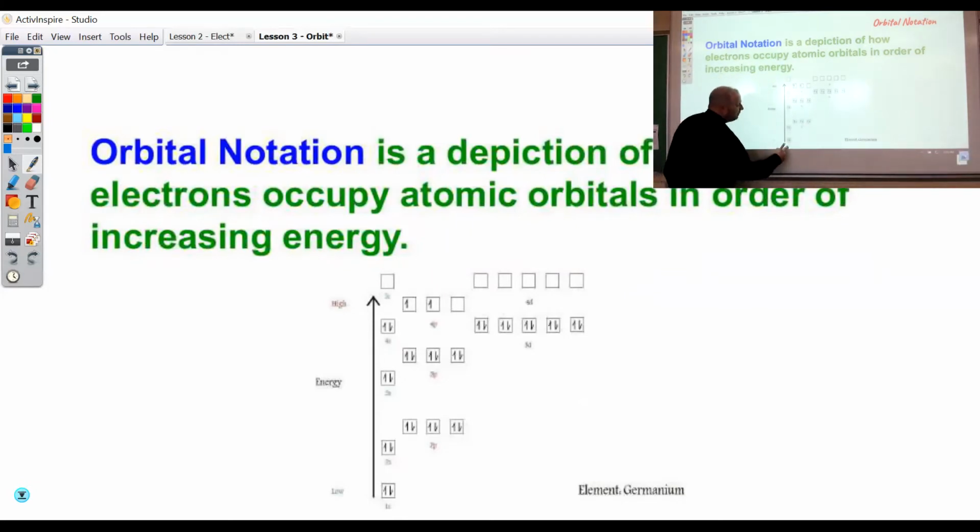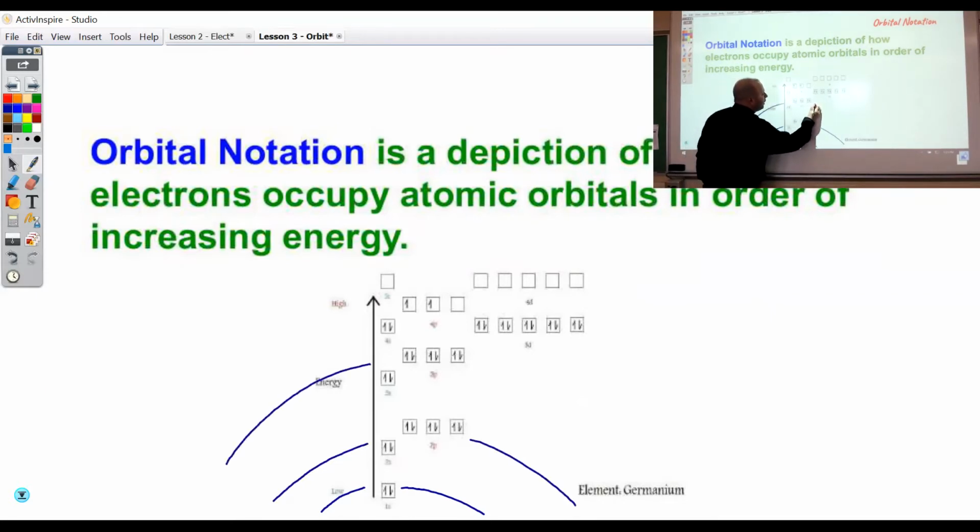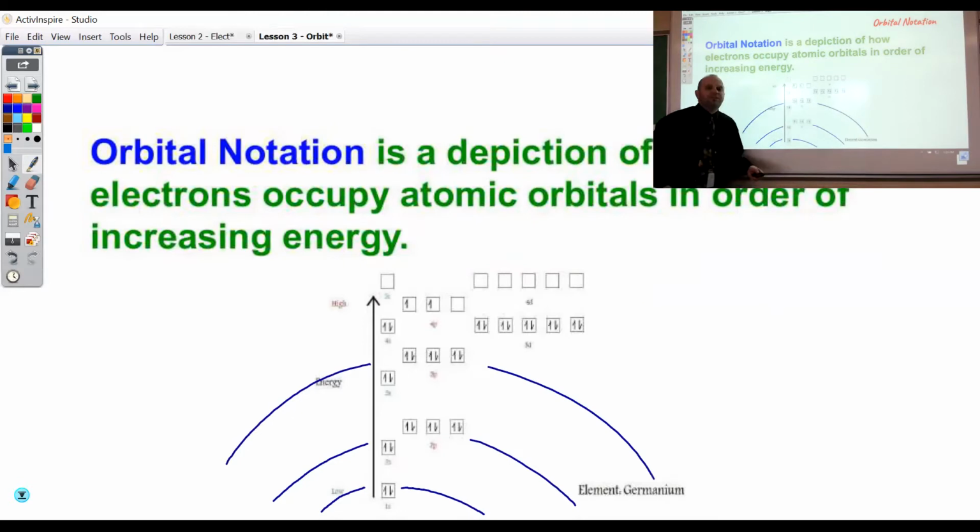For example, if I'm looking here at the 1s sublevel, imagine that circle coming right through where this sublevel is. And the second energy level would look like this, and the third energy level would look like this. So we're essentially zeroing in on specific energy levels in that Bohr model for the atom.